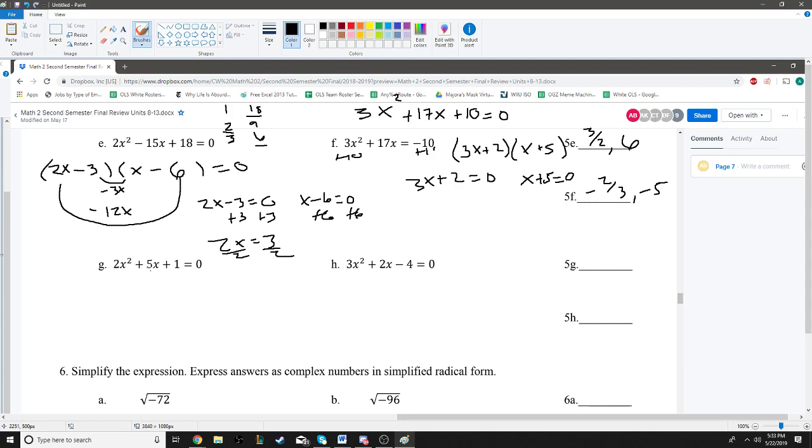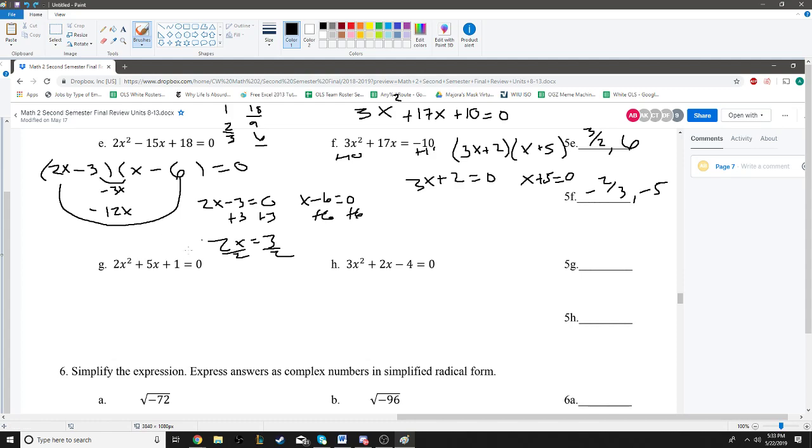You can try this one, but just know that when you do the guess and check, that's 2x and x, and 1 and 1. There's no other combination that you can possibly do to get to 5x. It's pretty much impossible. So we need to do the quadratic formula.